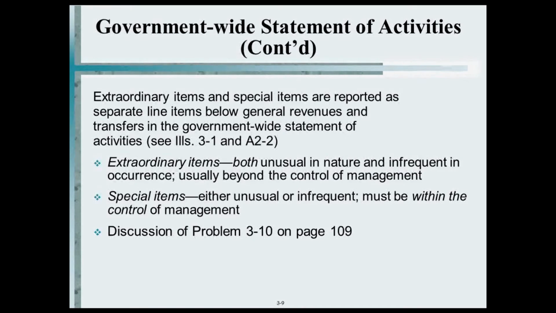Using that format, right? Because it has all the information that you need, which is right here. And you should be able to do that. In order to do the statement of activities, you need this type of information. You need information on program expenses. You need information on program revenues. You need information on general revenues.